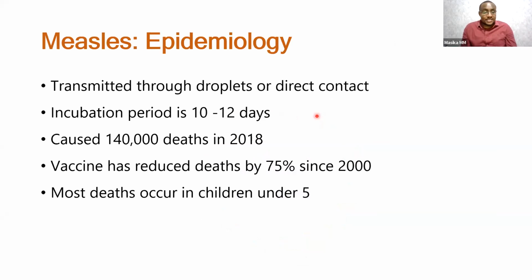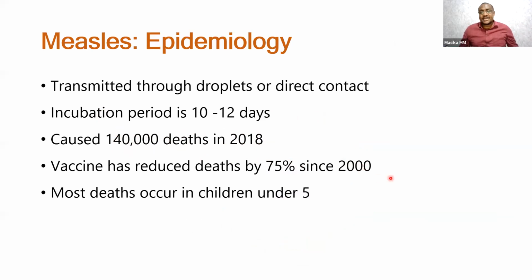Measles epidemiology is, as I said before, we've seen worse days, and because of the transmission, which is very easy and also highly infectious, a lot of people used to be infected, nearly everybody, and used to have hundreds of thousands of deaths, but in 2018, 140,000 deaths were recorded, which was equivalent to a three-quarter reduction since 2000.